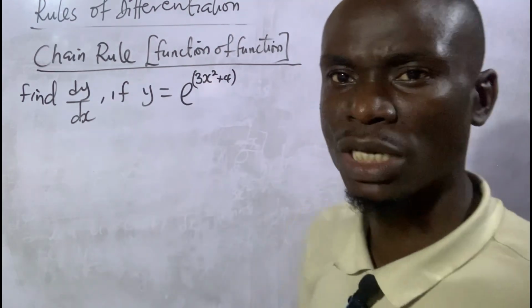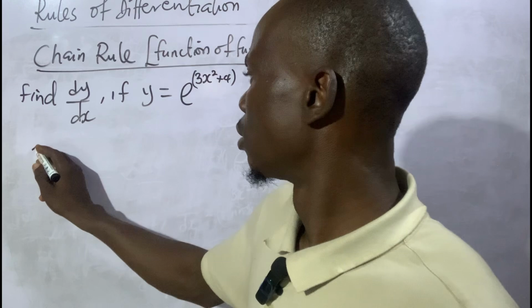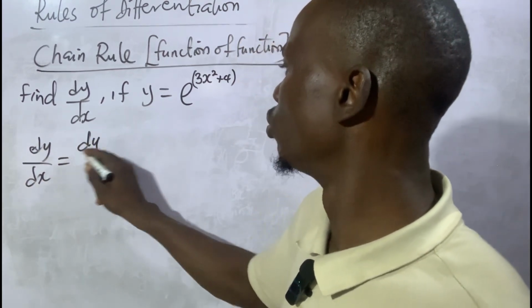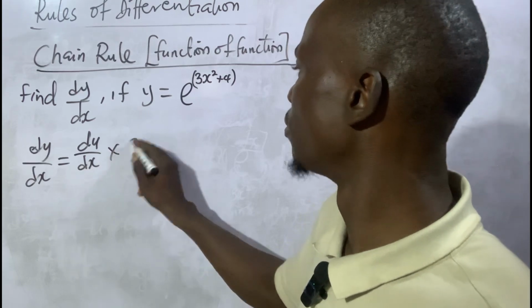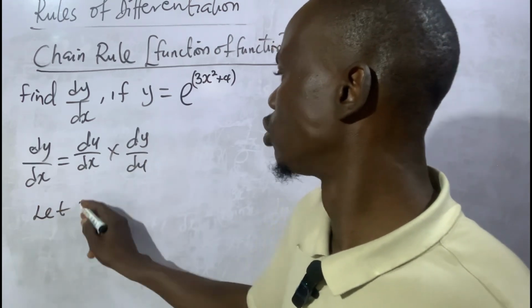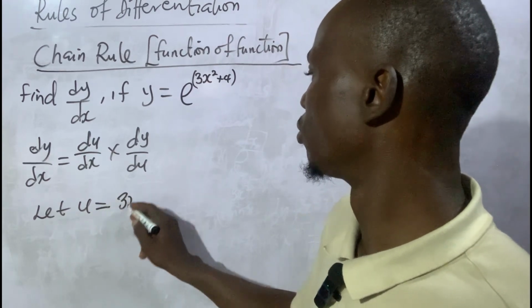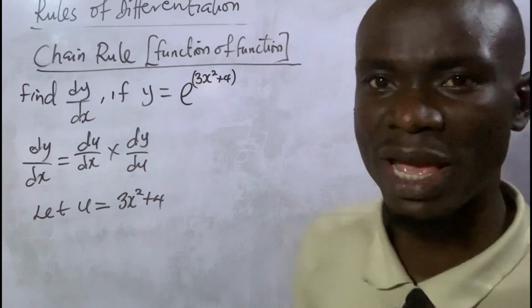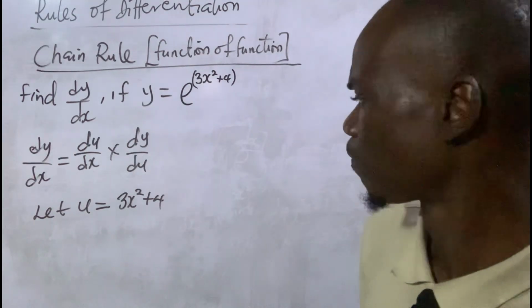In the chain rule, we let u be the chain. Our formula remains dy over dx equal to du dx times dy du. So let u be the chain, 3x squared plus 4, which means whatever function is replacing our x in the basic form is the chain.